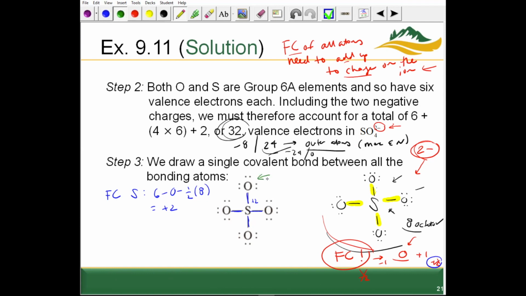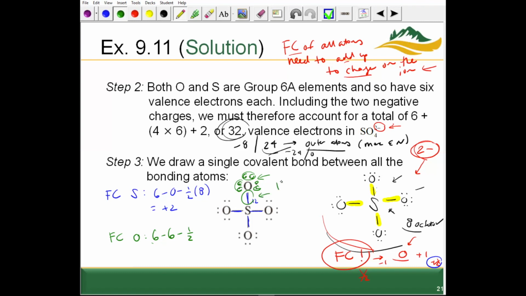Then each of the oxygens look the same, so if we find the formal charge on one of these oxygens, it will be the same for the others. Oxygen is coming in with 6 valence electrons based on its placement in the periodic table. Then the number of electrons that are lone pairs, 1, 2, 3, 4, 5, 6. Then minus 1/2 times the number of electrons in a bond around oxygen.